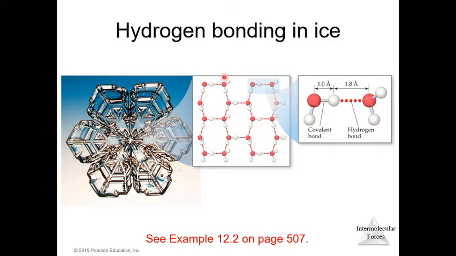This also helps to explain why water expands when it freezes. You'll notice if you pour water in your ice tray and put it in the freezer, the ice is bigger than the water it started with. Water expands when it freezes, and this is one reason why: hydrogen bonding. Water forms a lattice when it freezes.